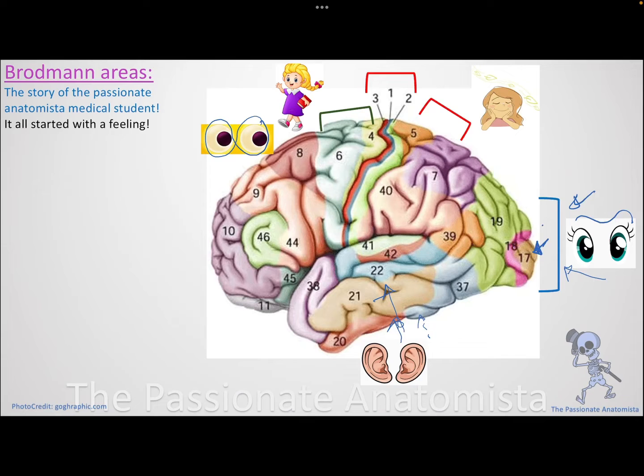For vision, we have 17, 18, 19. 17 is that I can see. 18 and 19 is I can interpret what I'm seeing. So 17 is the primary, 18 and 19 is the secondary or the association area. What about hearing? The hearing starts with number 40, but I have a nice story for that, so let's forget about that for now.